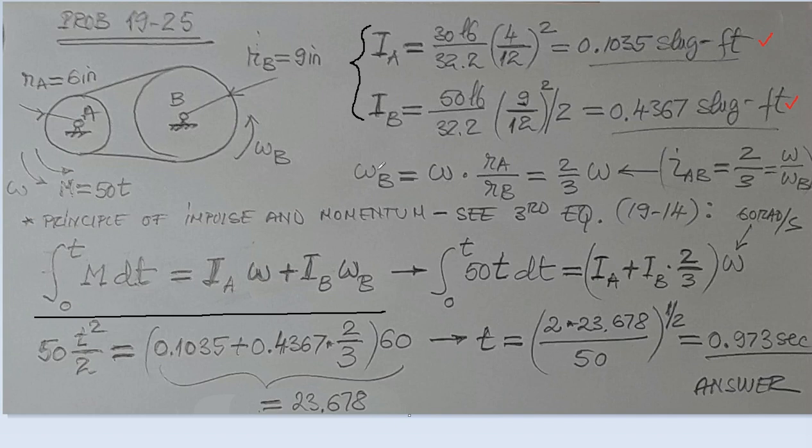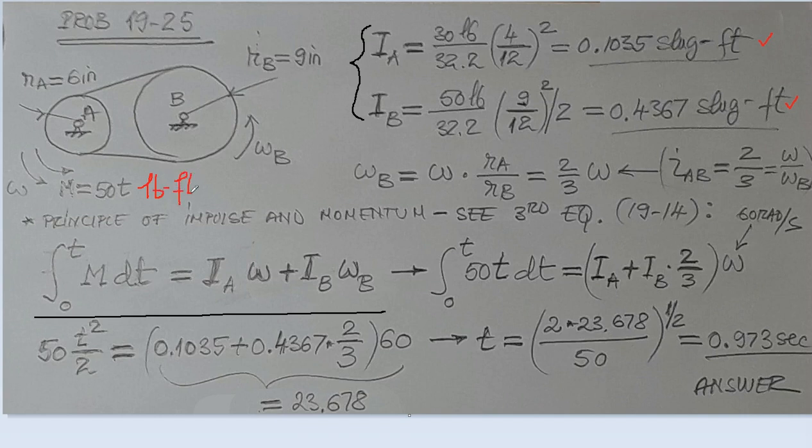The principle of, can I change it? Not anymore. Okay, principle, impulse, and momentum. So the moment is a function of time, 50t pound foot. Okay, I thought I got it to where it was inches, so we should have converted to the same units, feet, but it's already given in pound foot.